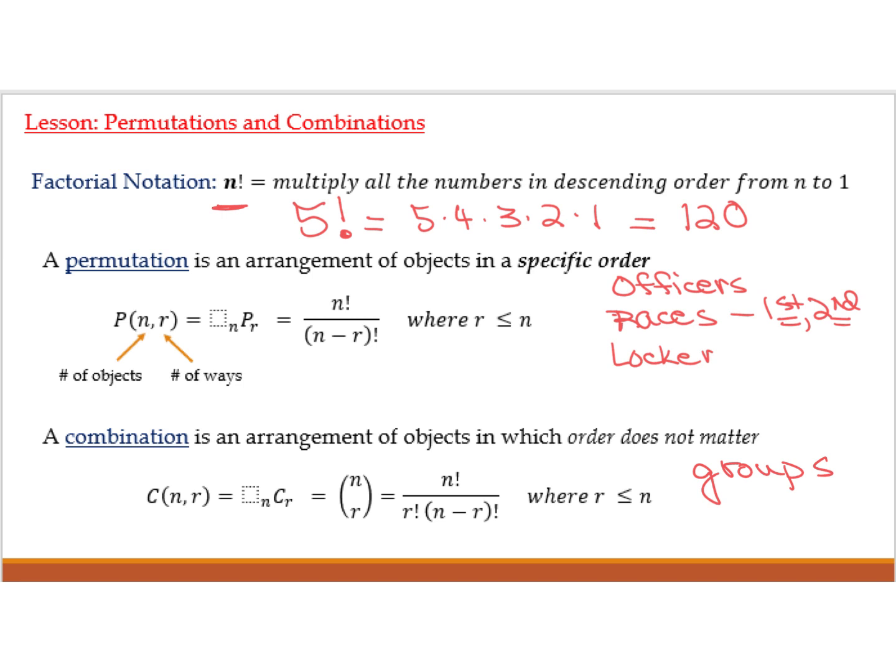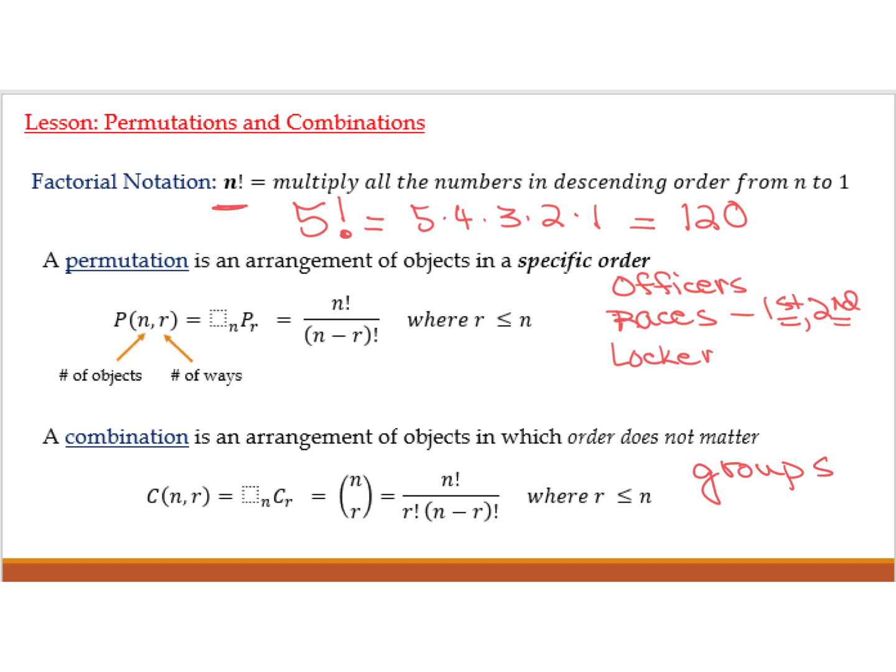The formula for a combination is n factorial divided by r factorial times n minus r factorial, where n, again, is the total number of objects and r is the number of ways. These 2 formulas, again, will be on the formula sheet. You will have what the formula is for a permutation and a combination. But the good news is we are going to do these problems on Desmos, which is so much easier.